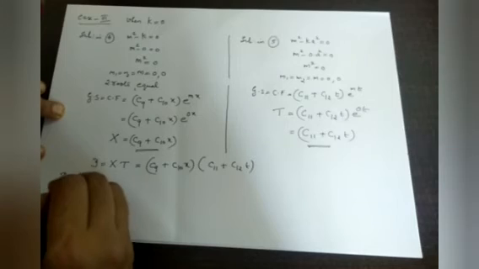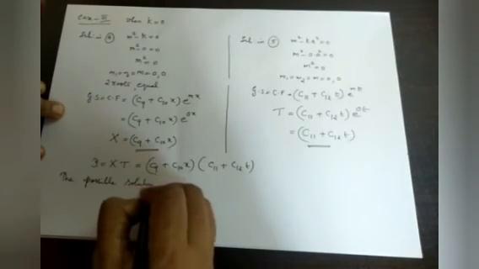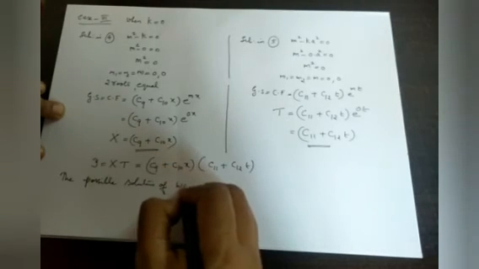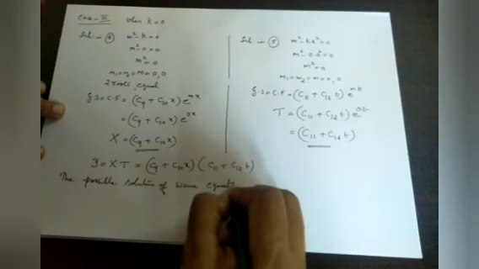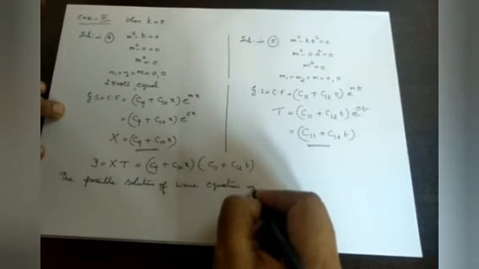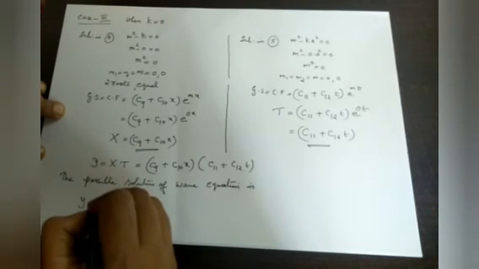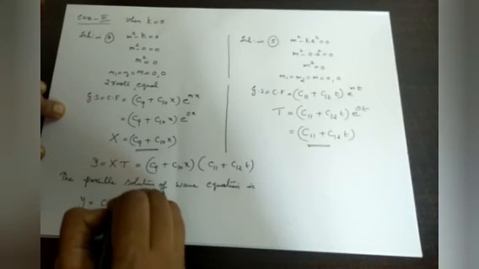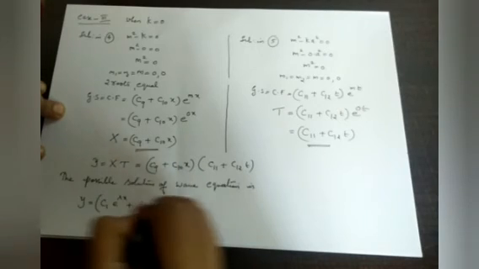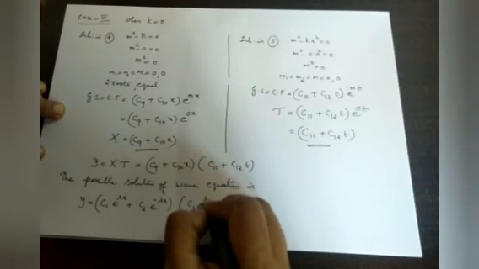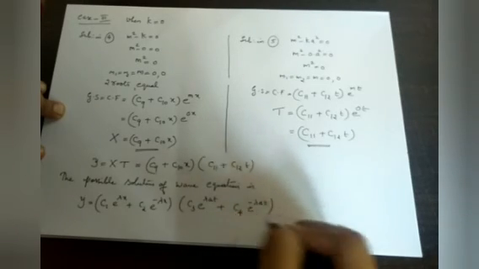Now, here we have three possible solutions, isn't it? Rewriting it, the possible solutions of the wave equation are: first one is y of x t equal to c1 e raised to lambda x plus c2 e raised to minus lambda x, c3 e raised to lambda a t plus c4 e raised to minus lambda a t.